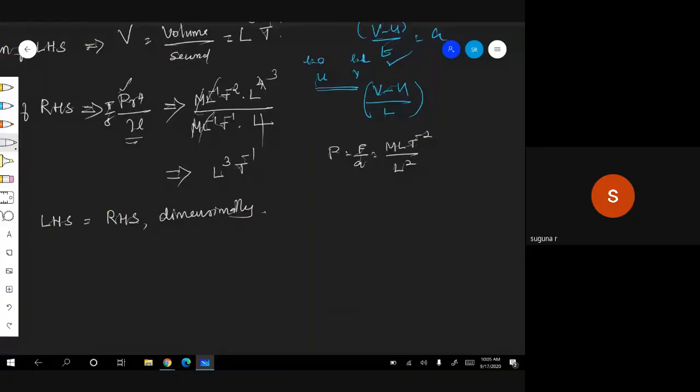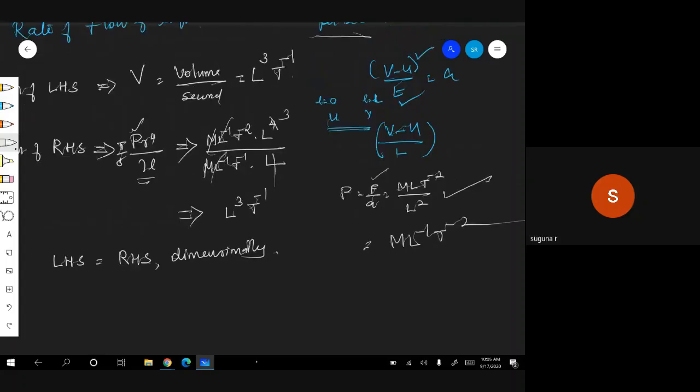Pressure means F by A. Force is M L T power minus 2 divided by area L squared. Therefore, you will get for pressure M L power minus 1, T power minus 2. So I have substituted the dimension of pressure here.